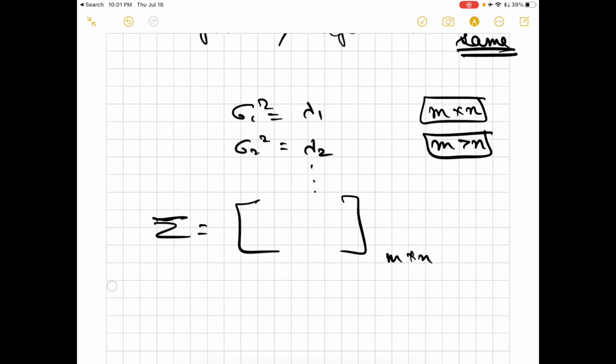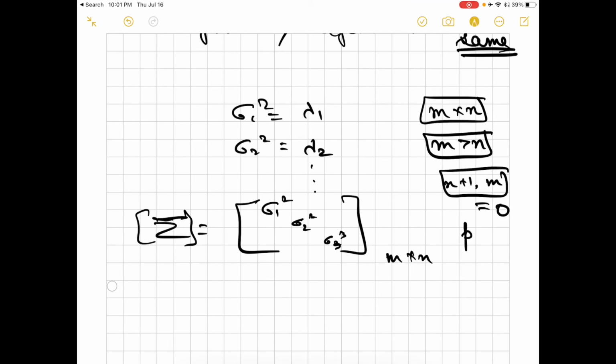I'm talking about this big sigma here, and along the diagonal we will have sigma 1 square, sigma 2 square, which are the individual elements of this sigma matrix. And since m is greater than n, all the values from n plus 1 to m are going to be 0, and hence we call that the padding.